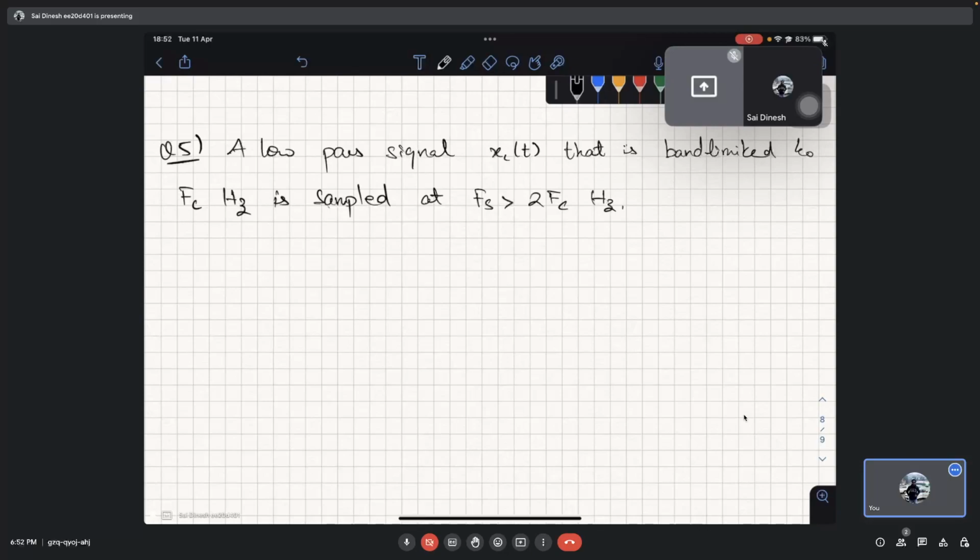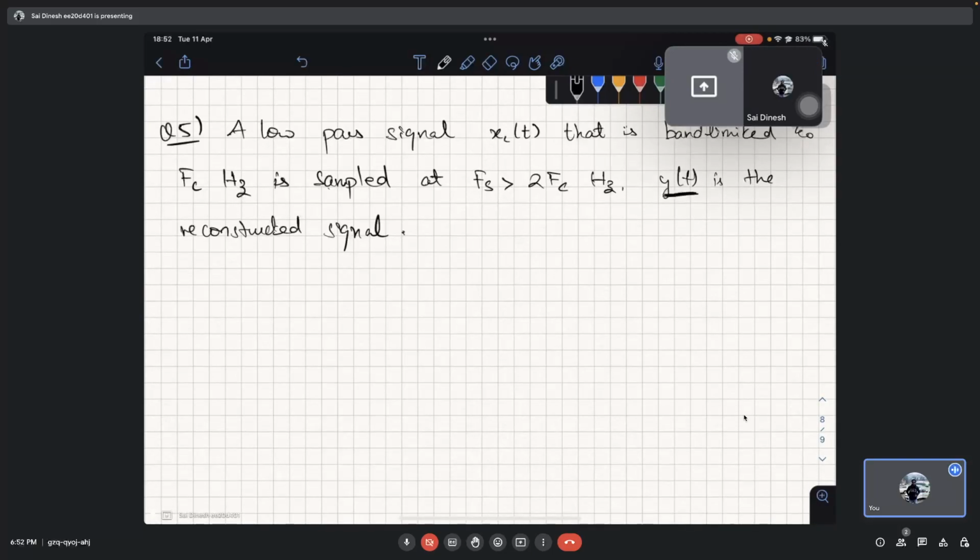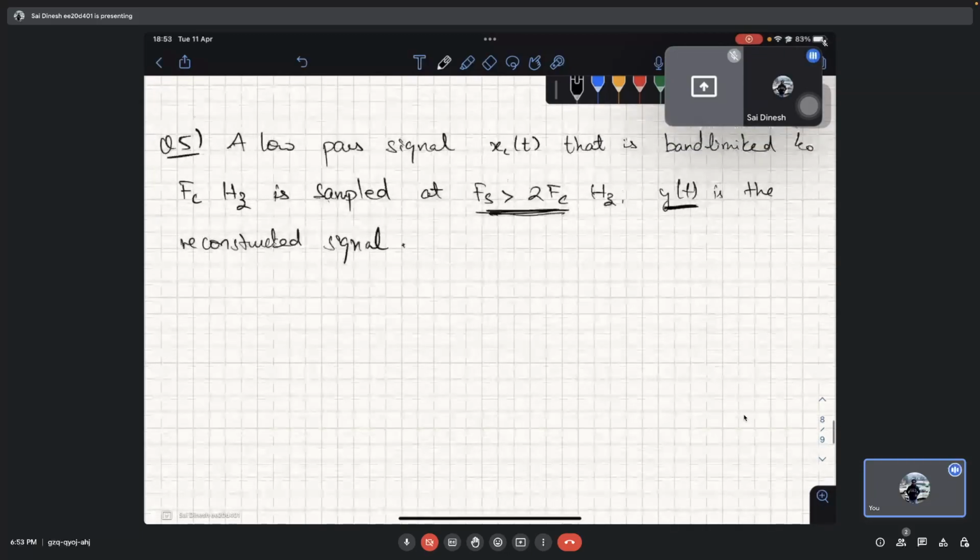So y of t is the reconstructed signal, and this follows the Nyquist theorem, meaning the frequency at which it is sampled is greater than twice the maximum frequency of the original signal, so it can be exactly recovered.